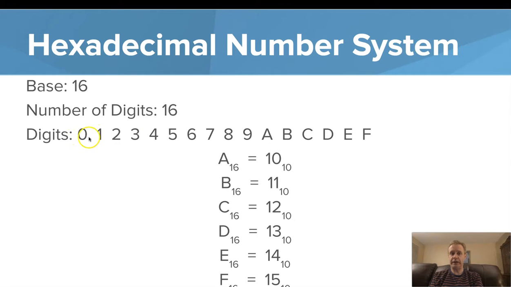And right, the digits range from 0 to 9, but that's only 10 digits. And if you recall, the remaining 6 digits in the hexadecimal number system are A, B, C, D, E, and F, where A is equal to 10 in decimal, and this ranges up to F, which is 15 in decimal.